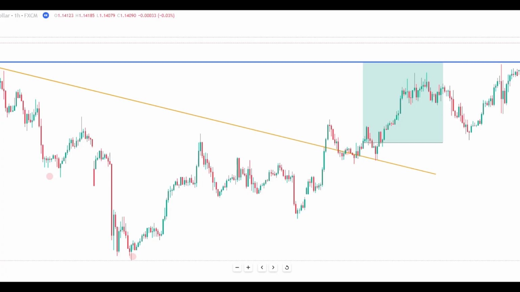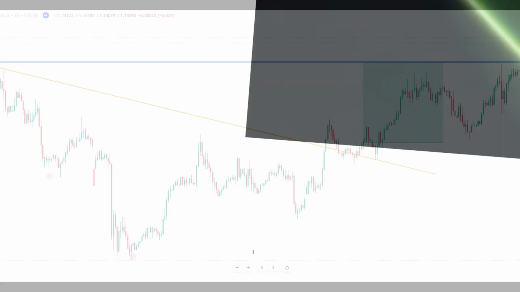You want to look to the left to see if we had strong support or resistance at this area. Is this an area where we previously had support or resistance? Now, if it is, you've got double confluence here. This is where high probability setups are born. This is where these setups give you the opportunity to make money.